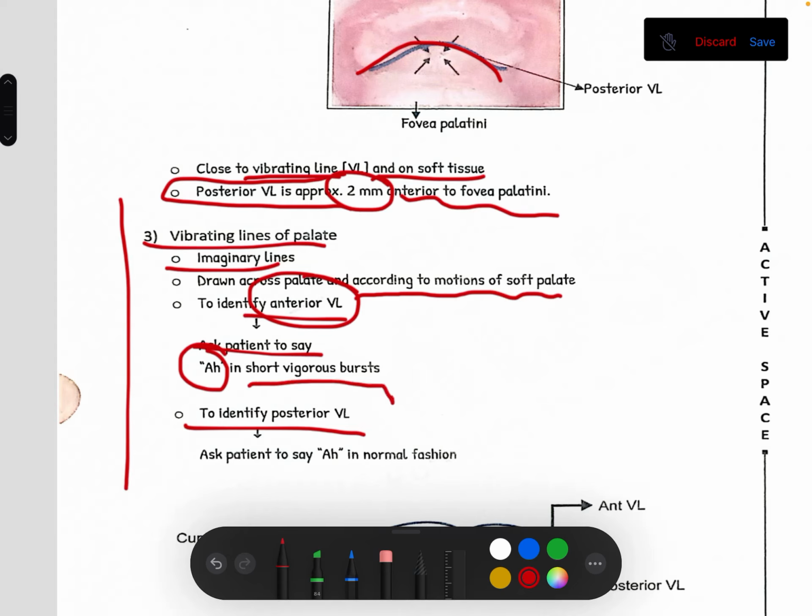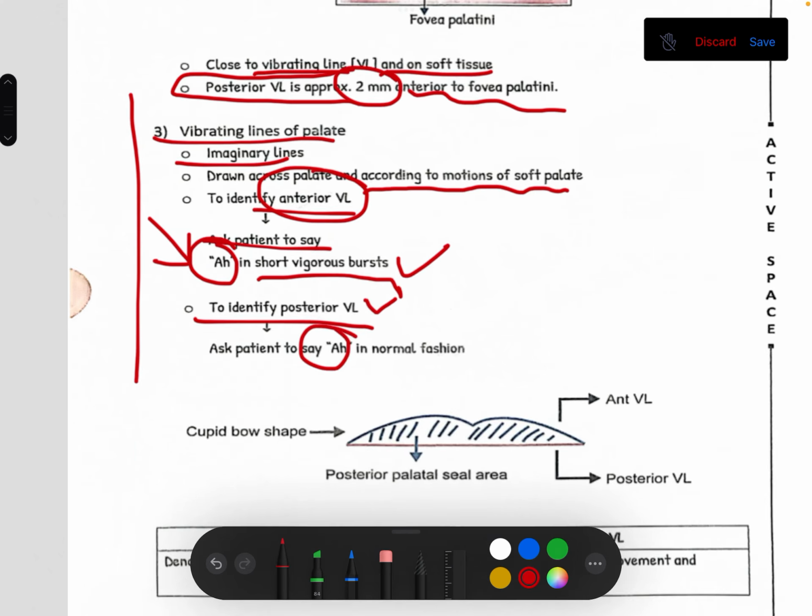It should be short, vigorous bursts. These sounds, when the patient is wearing the denture, will play a very good significance there. When we come to the posterior vibrating line, we again ask the patient to say ah sound in a normal fashion.